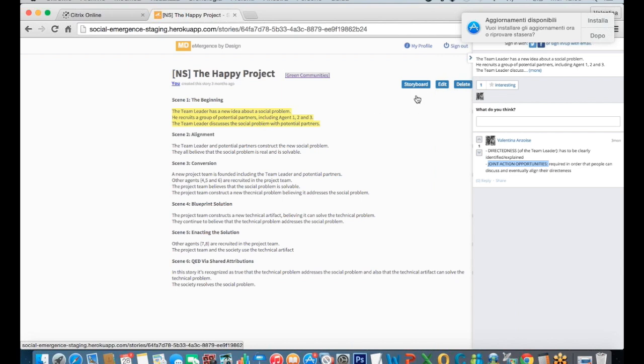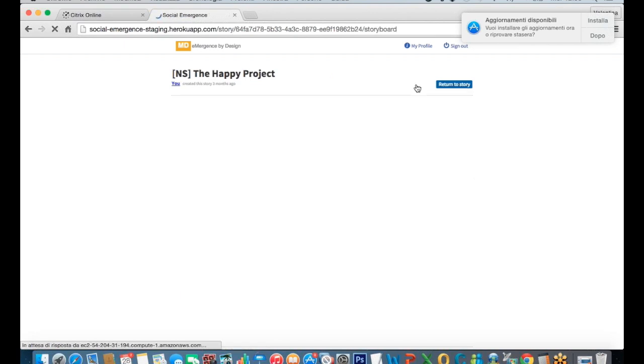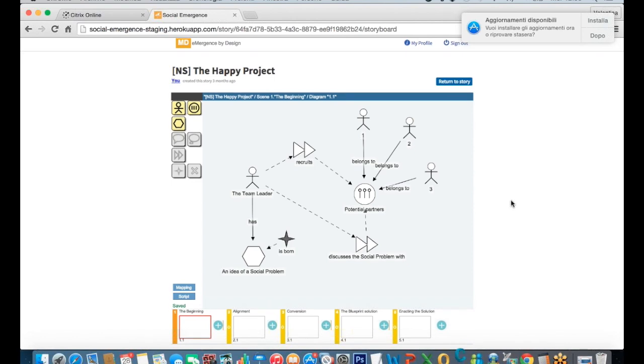So this is, let's say, the pattern, and through the storyboard, that is this tool that I will show you in a while, we try to see if this structure, that very general structure, this pattern, could be mapped with the data that we had available in our database, and with the agents and the artifacts and the organization that we had in our database.